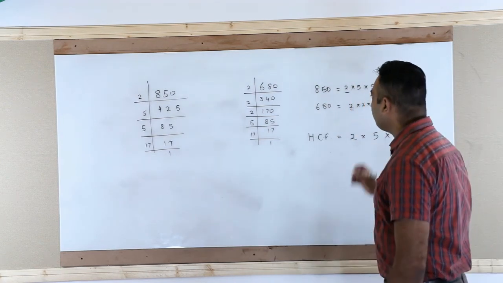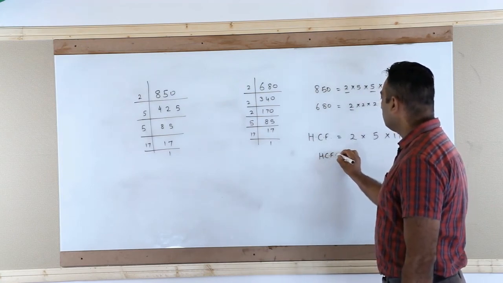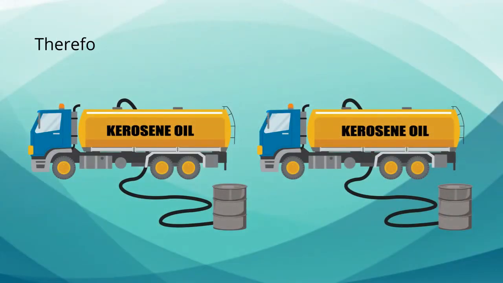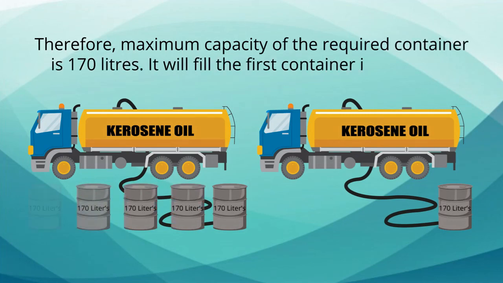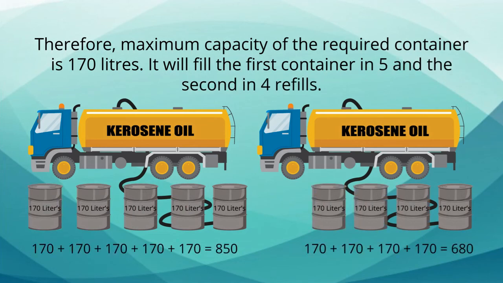Hence, the HCF of 850 and 680 is equal to 170. Therefore, the maximum capacity of the required container is 170 liters. It will fill the first container in 5 and the second container in 4 refills.